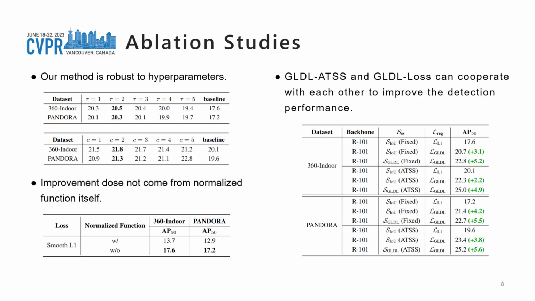Secondly, we analyze the normalized function for smooth L1 loss. And results show that improvement does not come from the normalized function itself. Thirdly, we test different combinations between sample selection strategy and regression loss. And results show that our proposed GLDL-ATSS and GLDL loss can cooperate with each other to improve the detection performance.